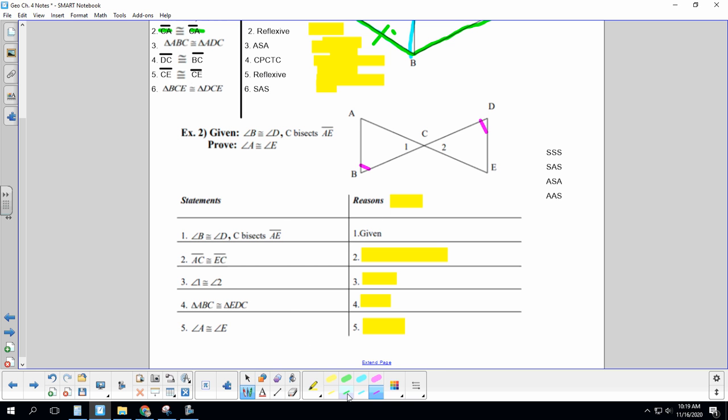The next item says AC is congruent to EC. The reason it's congruent is because C bisects AE. That is technically the definition of a bisector. So if C bisects AE, it creates two congruent or equal segments.